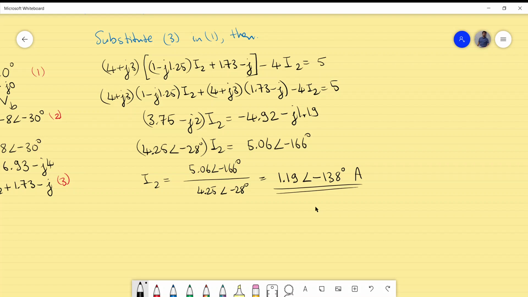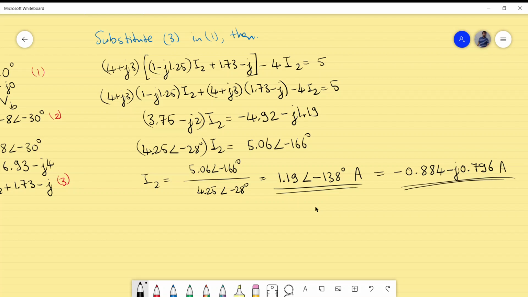Okay, now I have I2, and I can also represent this in the rectangular representation, which will be handy later on. If you do the math again, you will have minus 0.884 minus j 0.996 amperes.